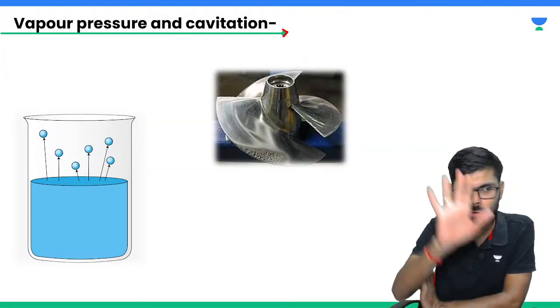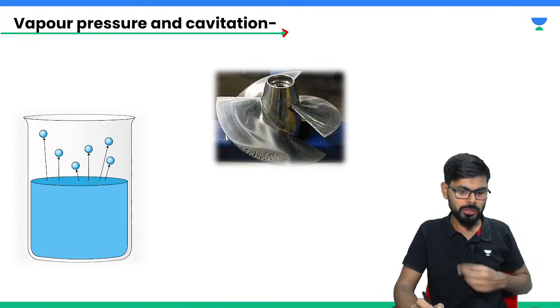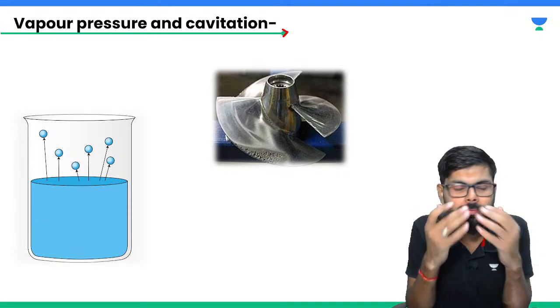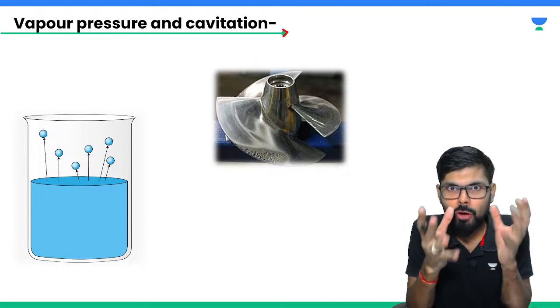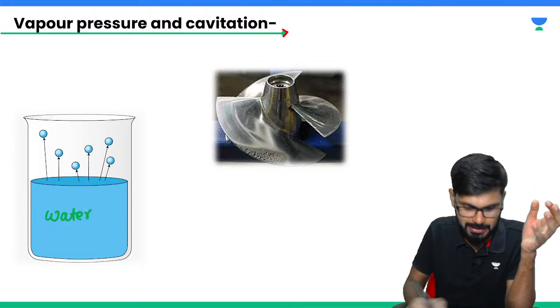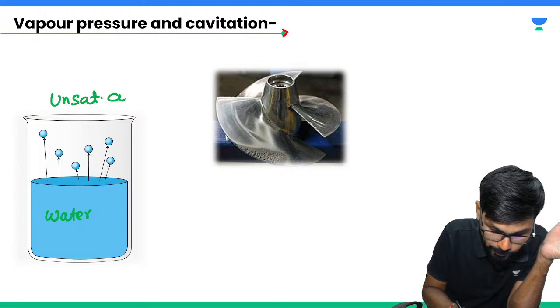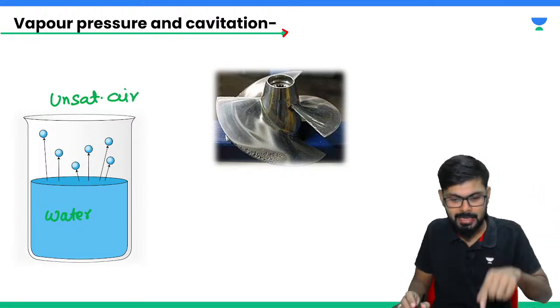That's it. Now come to this particular point. Let's say here we have water. So what is the tendency? Here we have unsaturated air. If unsaturated air is there, then what will happen?